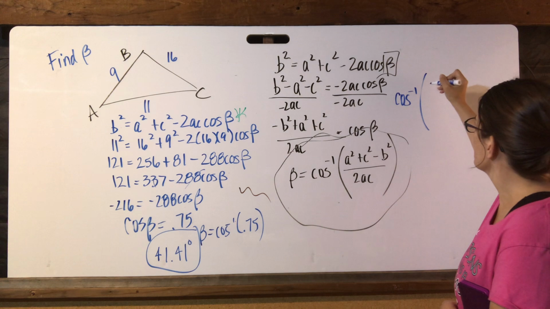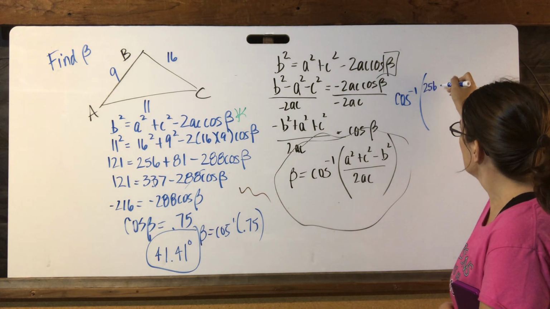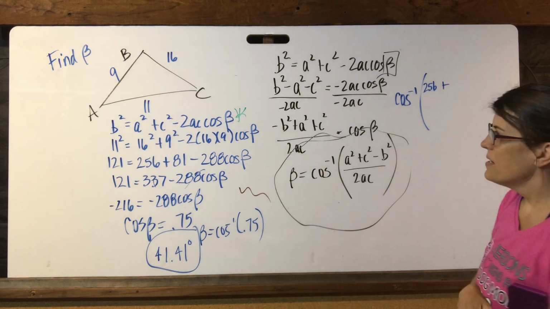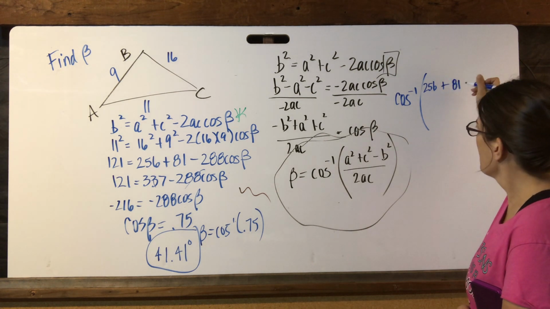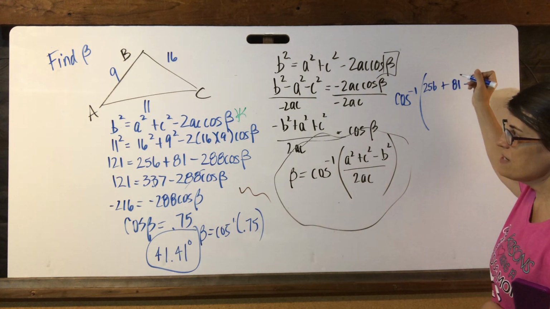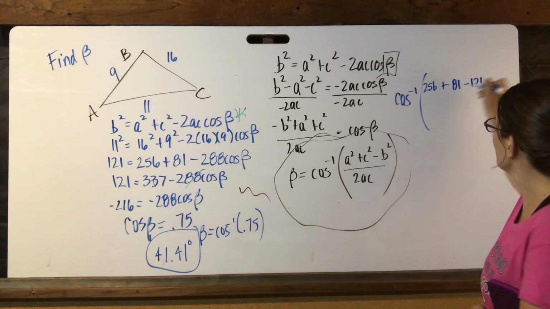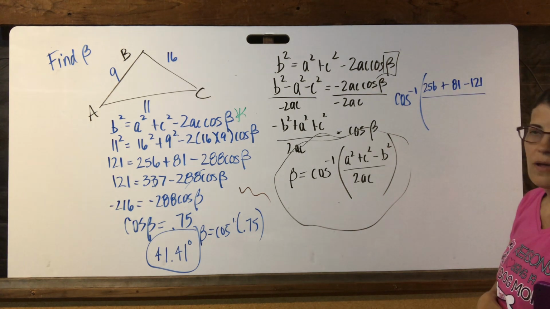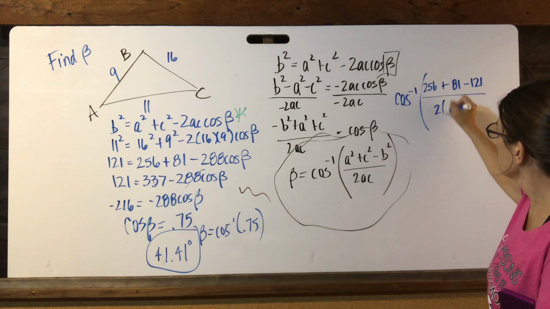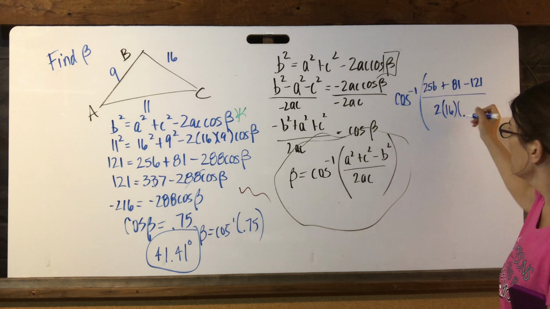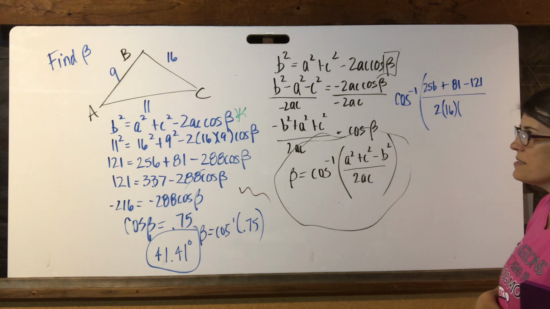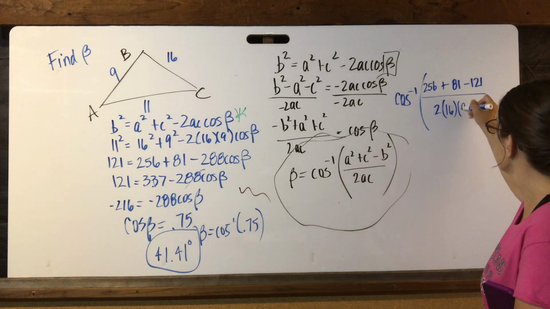So a squared is 256 plus c squared. C squared is 81 minus b squared is 121, all over 2. A is 16, and C is 9.